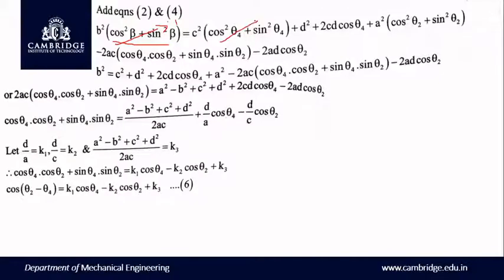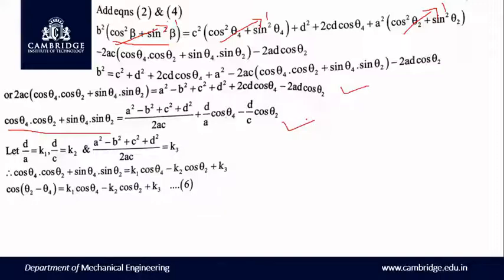In the same manner, cos square theta 4 plus sin square theta 4 is equal to 1, and cos square theta 2 plus sin square theta 2 is equal to 1. So on substitution we get the below equation, and on further simplification we can express the left hand side term in the form cos A into cos B plus sin A into sin B. So that is represented here. And if we send all the a, b, c and d terms to the right hand side, we have this equation.